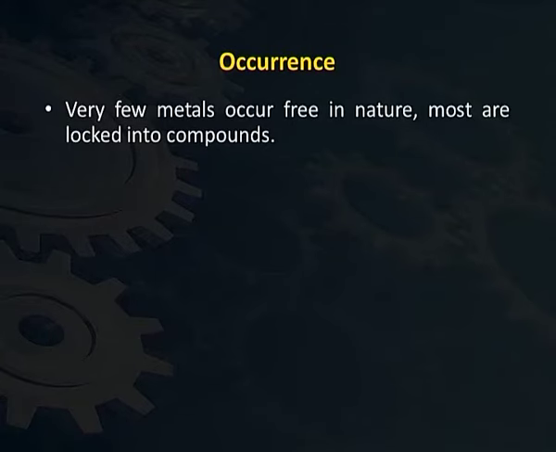Coming to the occurrence of metals, metals do not normally occur freely in nature except a few. Most of them are locked into compounds, and these compounds are mostly oxides and sulfides.